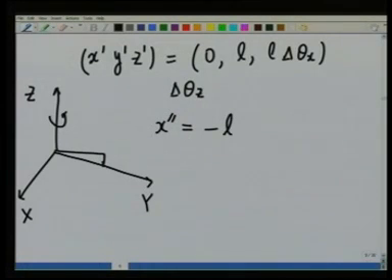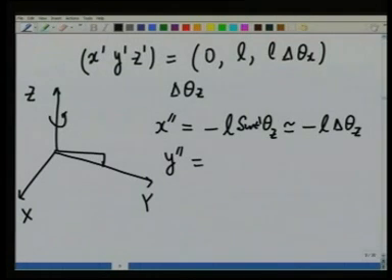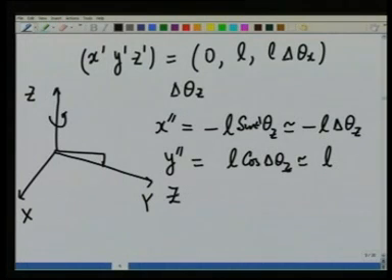So, this is going to be minus L sine of delta theta z, which is roughly equal to minus L delta theta z. y double prime again is not going to change. So, this will remain L cosine of delta theta z, which is roughly equal to L, and z prime is also not going to change because now it is a rotation about the z axis. So, this is going to remain L delta theta x.